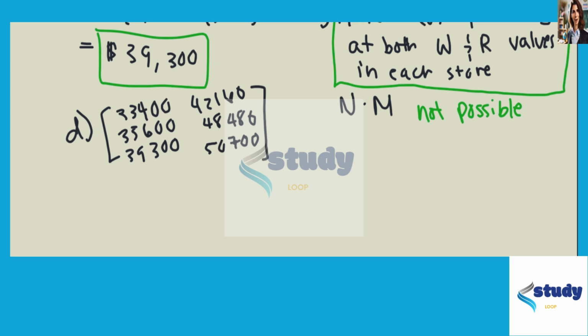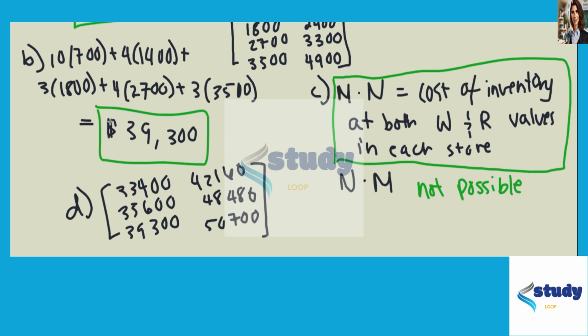The rows represent store 1, store 2, and store 3. The first column represents wholesale prices, and the second column represents retail prices.